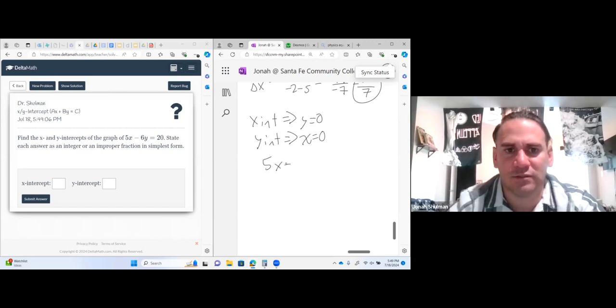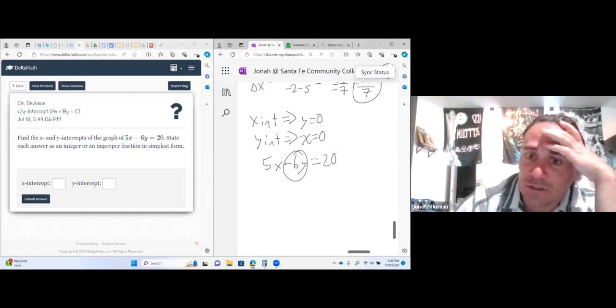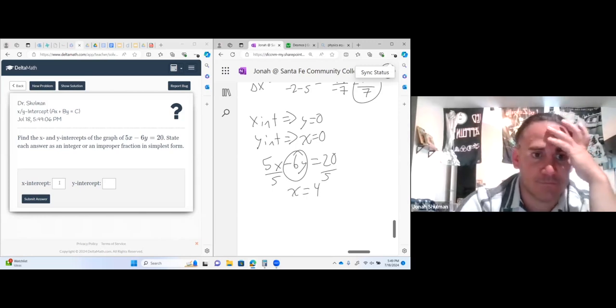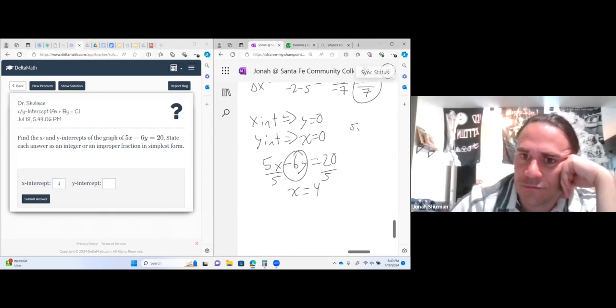So we have 5x minus 6y equals 20. The first one will make y 0. So we're finding the x-intercept. Divide by 5. x equals what? 4. And this one, we're going to make x 0.